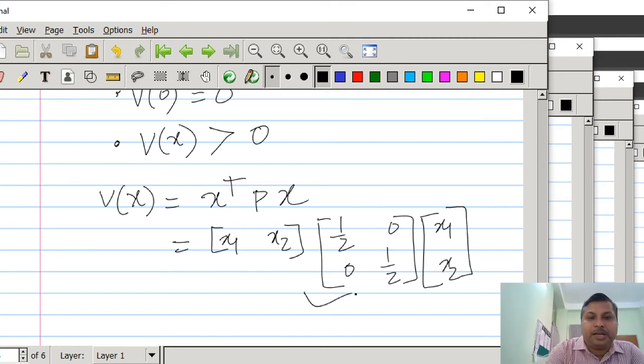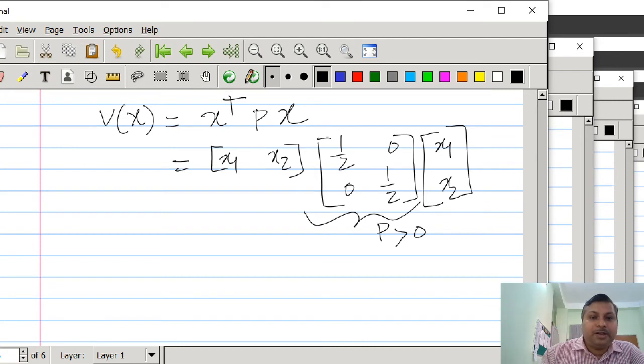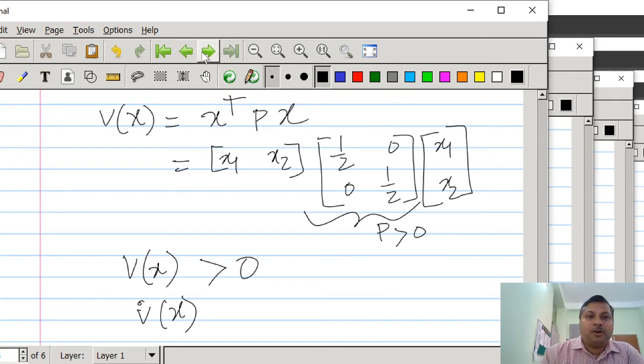If you see, this P matrix is strictly greater than 0, meaning if you find the eigenvalues of this matrix, all the eigenvalues will be positive. So definitely from here we can say that V is a positive definite function. Okay, and next we have to find the V dot of x.